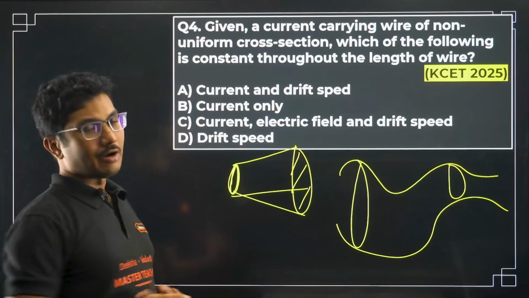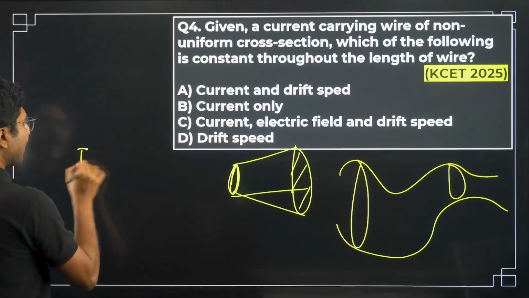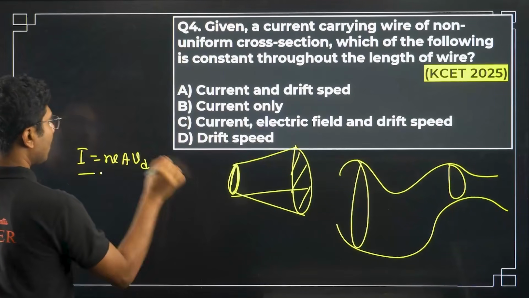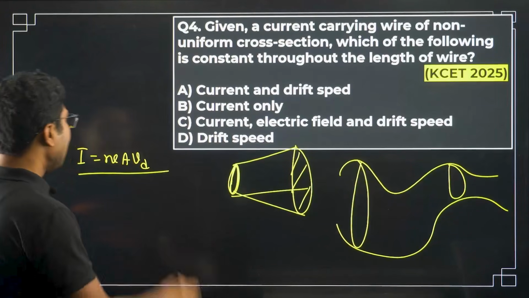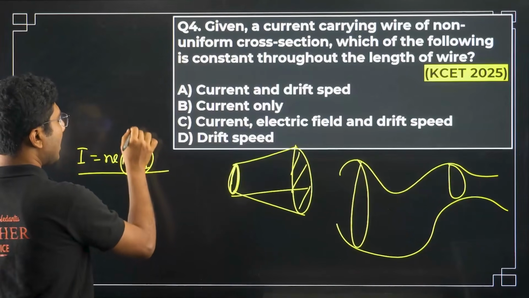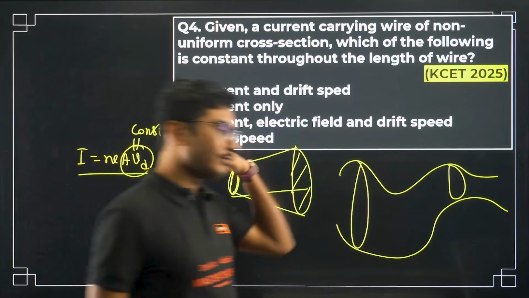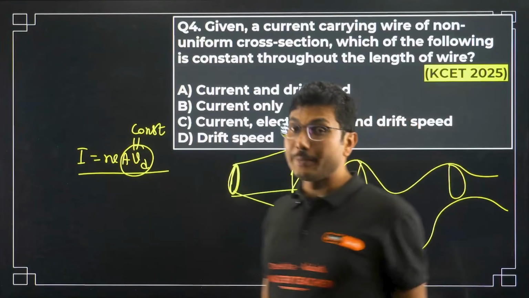Now in all cases you have to understand that current is given by n e A vd. So current depends on area and also on vd, but the multiplication of A into vd is constant. It's similar to the continuity equation that you studied in the fluid mechanics chapter.